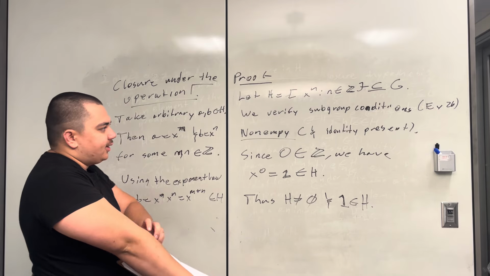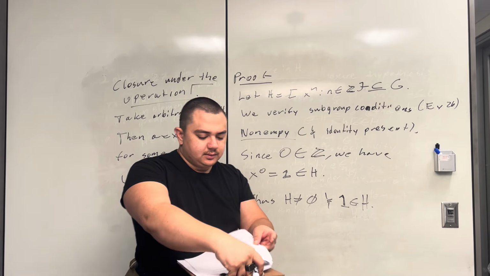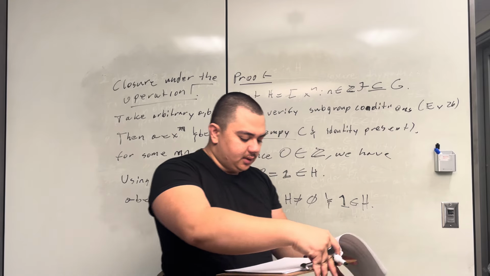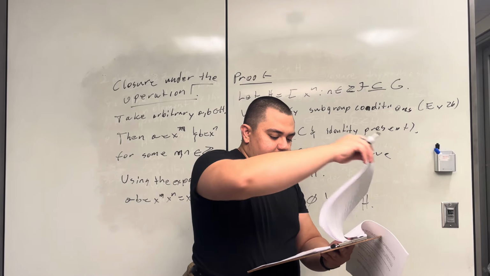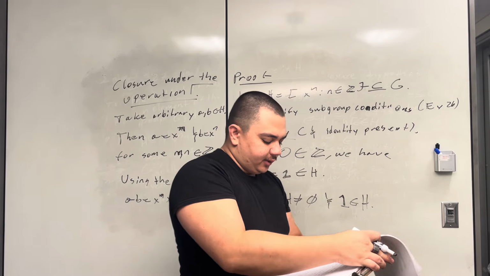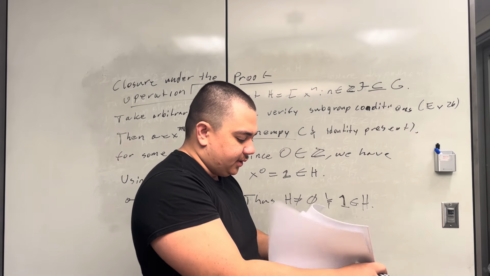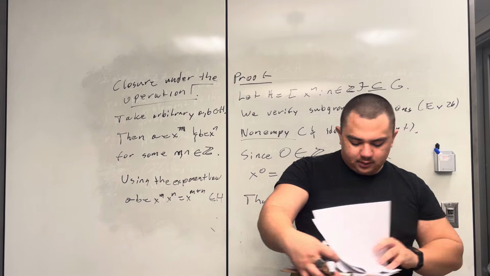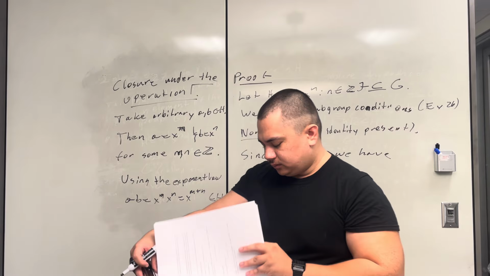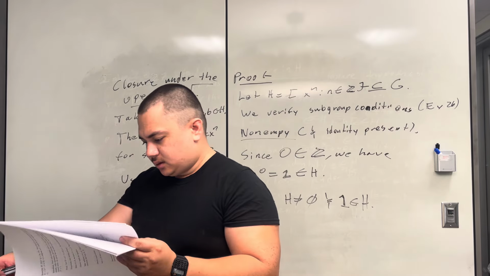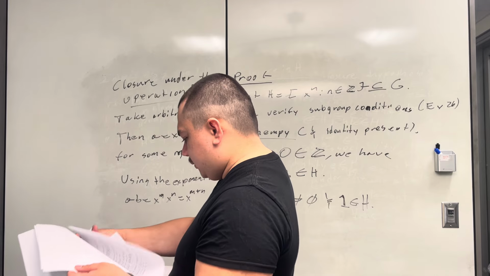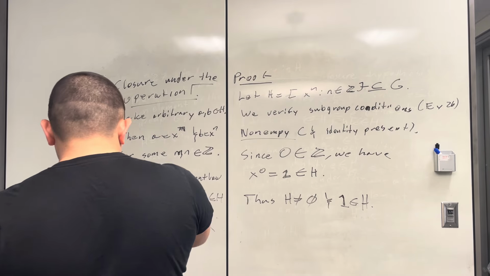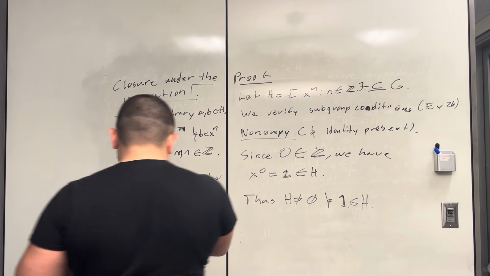Go back to exercise 19. Let's take a look at that, just to make sure that what's written isn't just taken for granted. So yes, in exercise 19, we proved that this was the case.